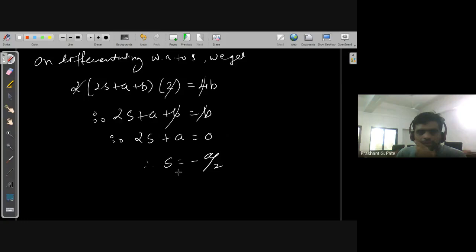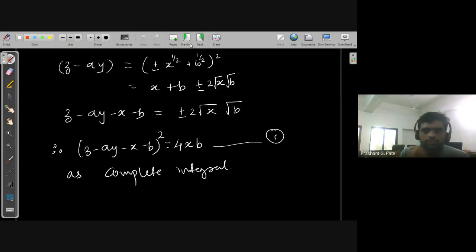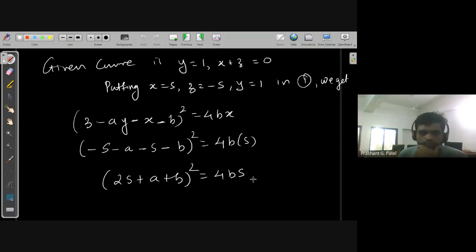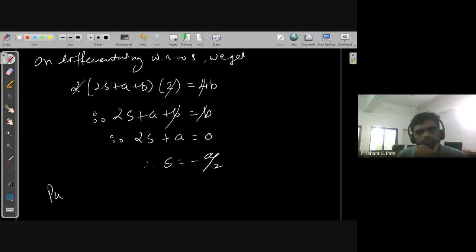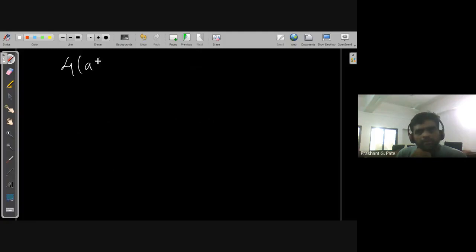And if I substitute this value of S in equation 2, putting S is equal to minus A by 2 in 2, we get the equation 2, which is (A plus B plus 2S) whole square is equal to 4BS.